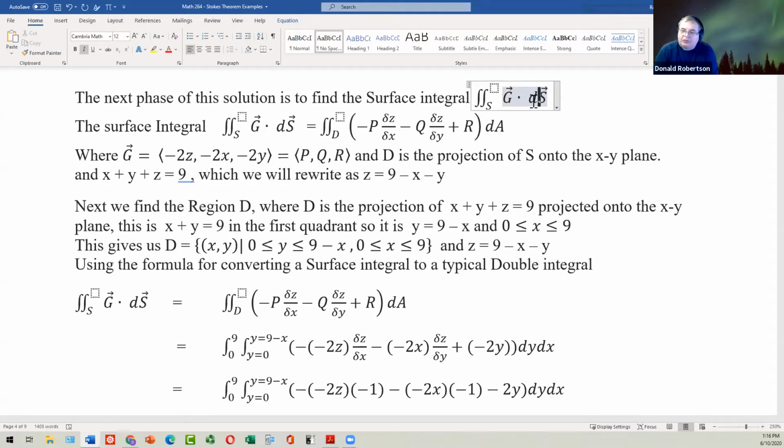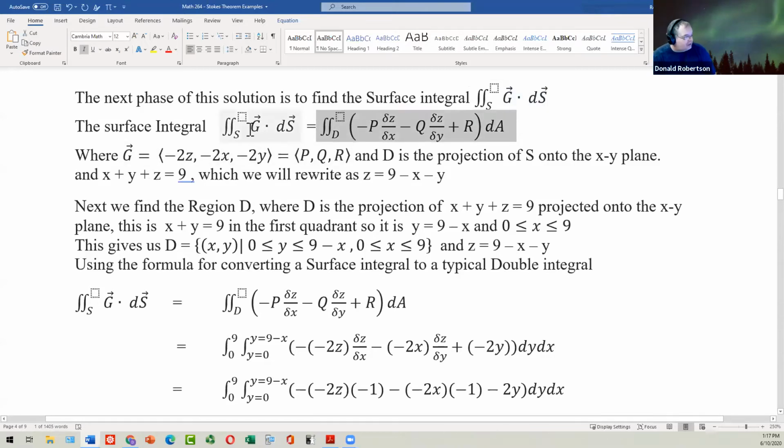But if you have any experience with surface integrals, most of them are horrible to do if you leave them as a surface integral. What you typically do is use this weird formula here, which takes surface integrals and turns them into good old-fashioned double integrals. You know, the ones that go 0 to 2 and 5 to 9, if you're lucky, right?